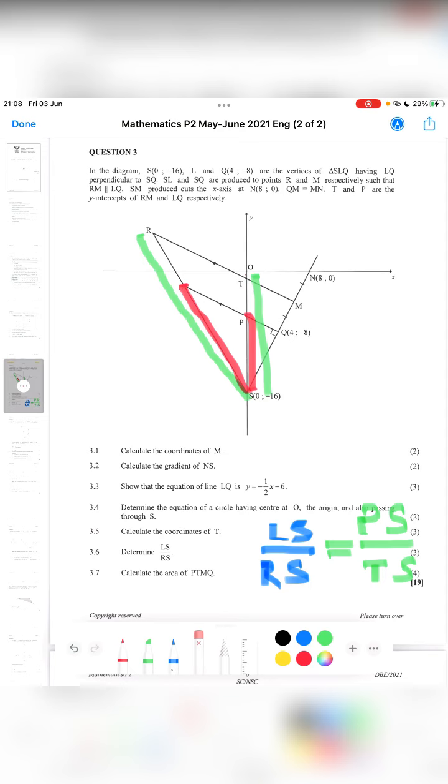So it's more like, ladies and gentlemen, if you've got a triangle, that's why I drew that triangle.